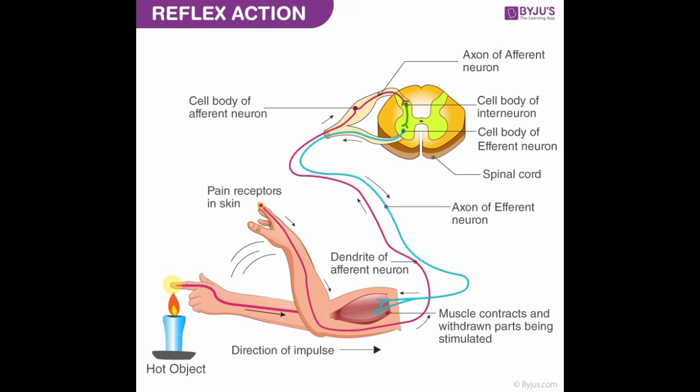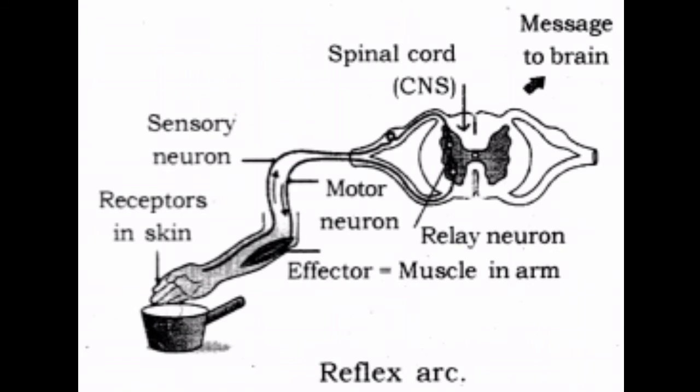So our hand is withdrawn, right? This action was too quick, and here the signals do not wait for the brain to respond. They are quick and reflex, and this whole pathway is known as the reflex arc.